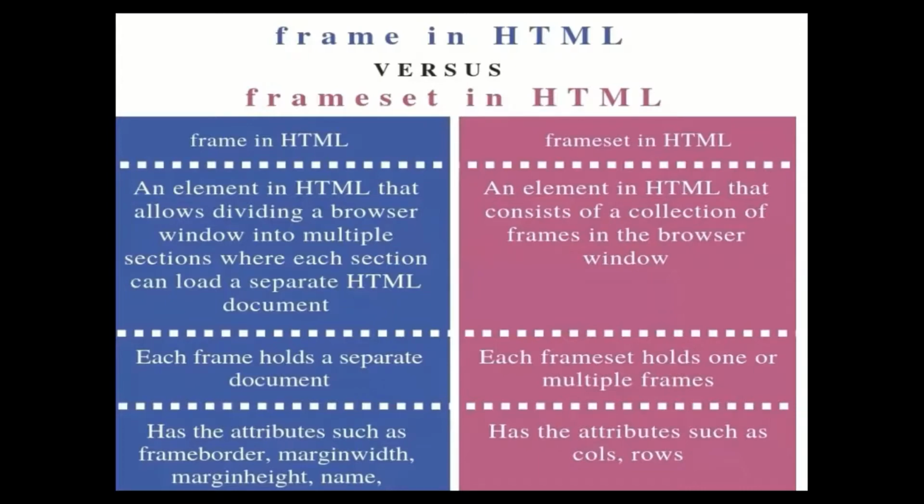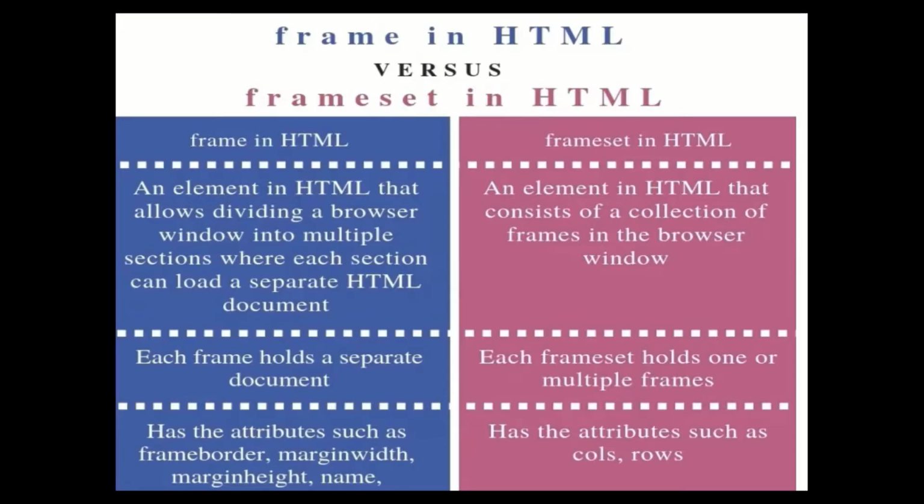Whereas frameset is an element in HTML that consists of a collection of frames in the browser window. Each frame holds a separate HTML document or a separate web link, whereas each frameset holds one or more frames.